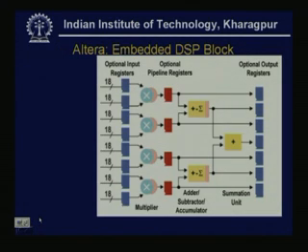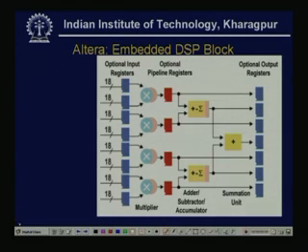Now, this is another example, taken from the Altera family, of embedded DSP blocks. If we see what the different building blocks kept here are, there are 4 18 by 18 multipliers, as we have just seen.